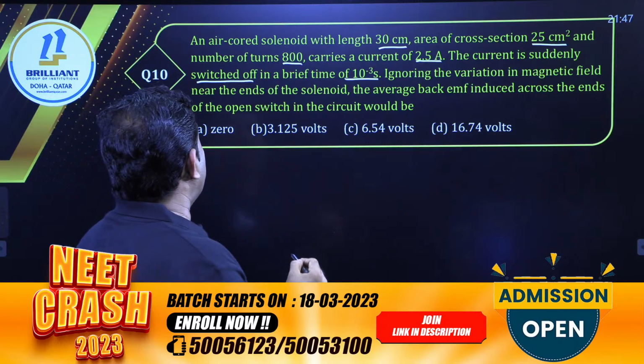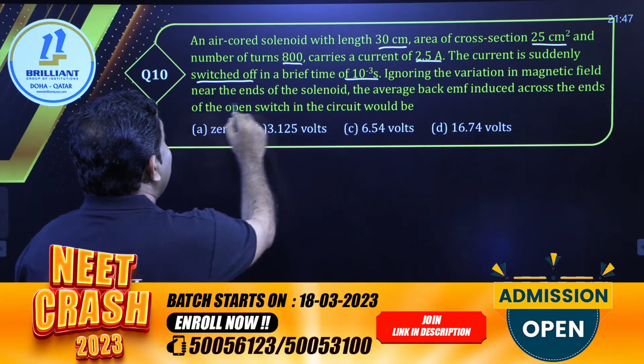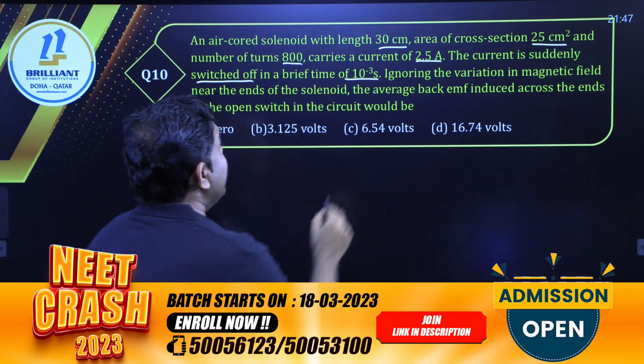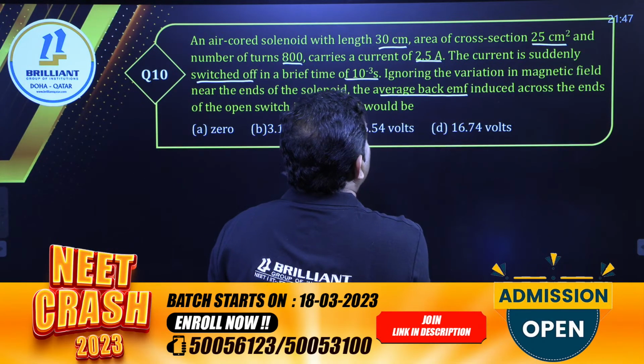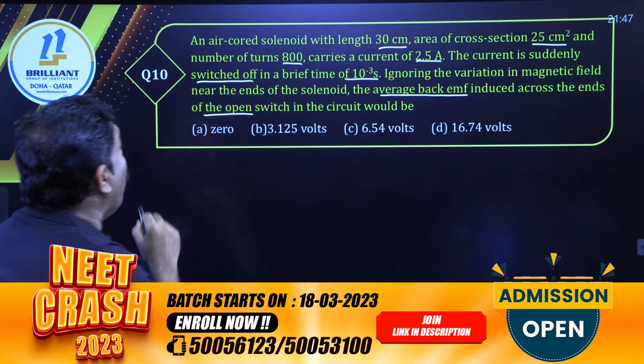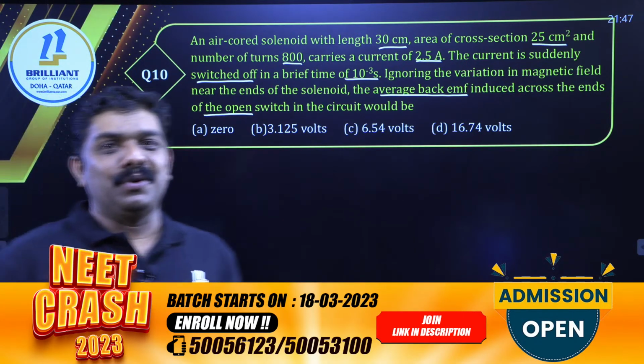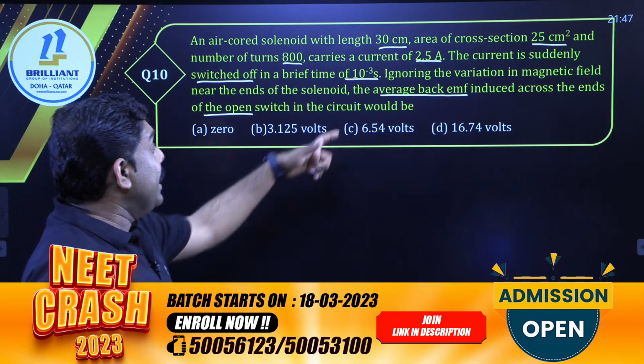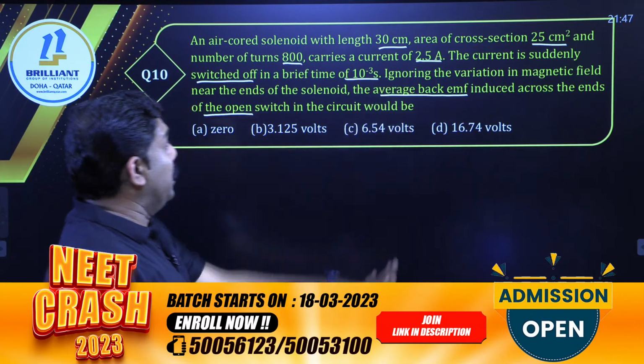Ignoring the variation in magnetic field near the ends of the solenoid, the average back EMF induced across the ends of the open switch in the circuit would be. So we want to find the back EMF induced.